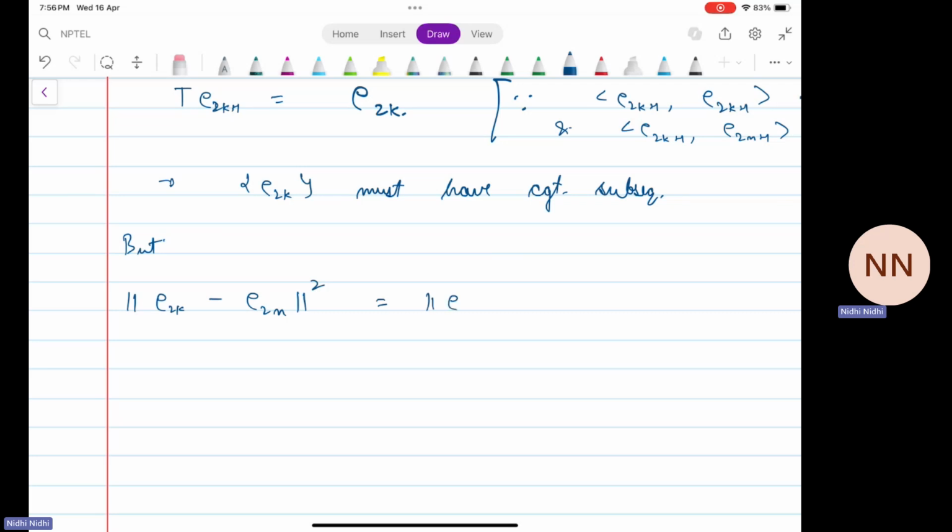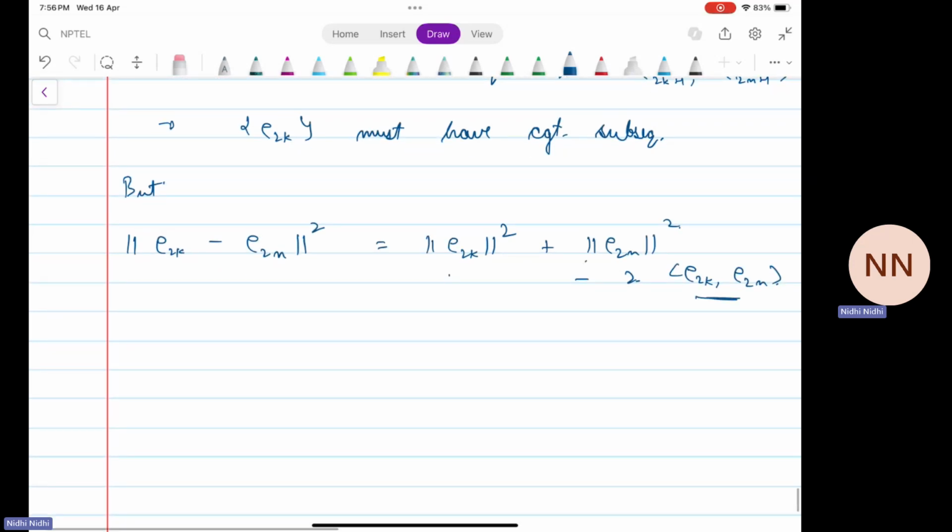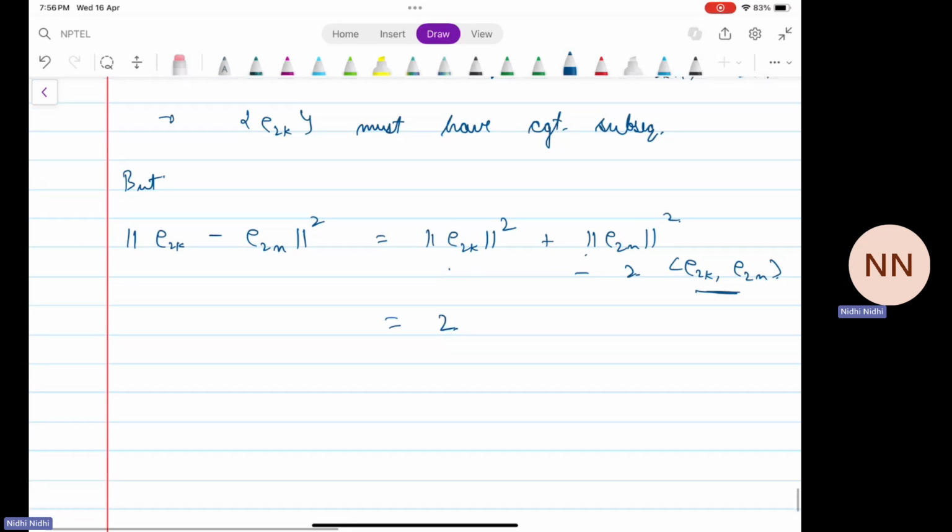This is equal to norm e_{2k} square plus norm e_{2n} square minus 2 times the inner product of e_{2k} and e_{2n}. Since the inner product is equal to 0 and these two are equal to 1, this is equal to 2.